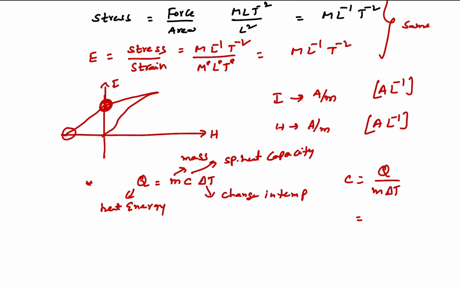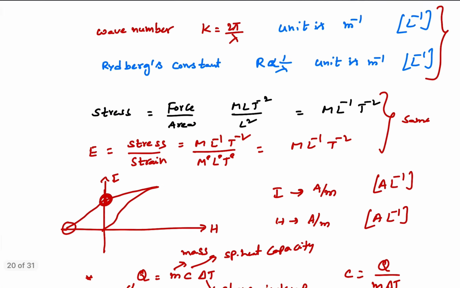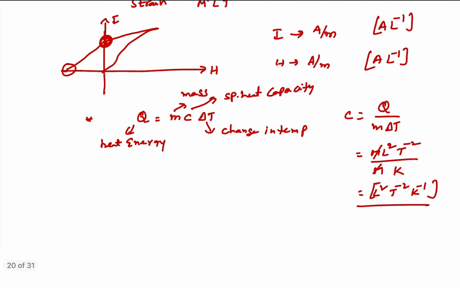From this, c is equal to Q divided by m into delta T. We can write the dimension formula as M L square T power minus 2 divided by mass M, and delta T is K Kelvin. The value is L square T power minus 2 K power minus 1. This is the dimensional formula for specific heat.